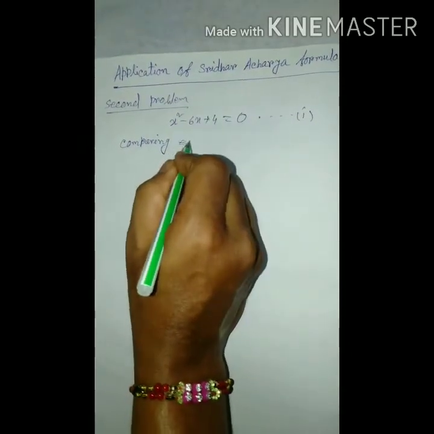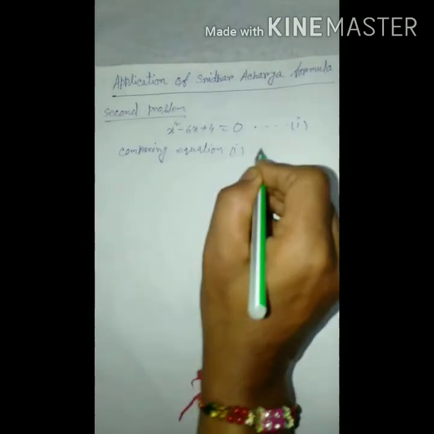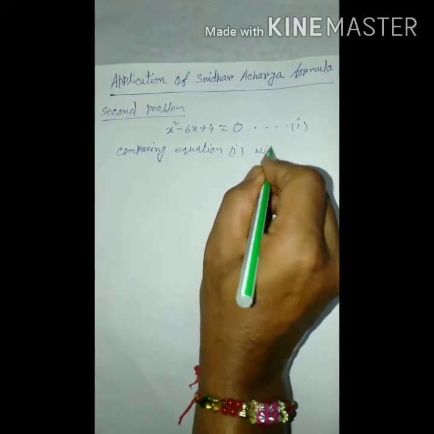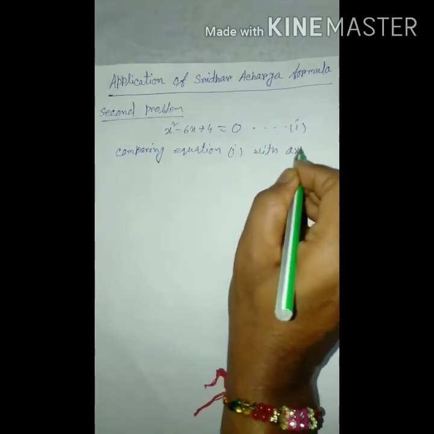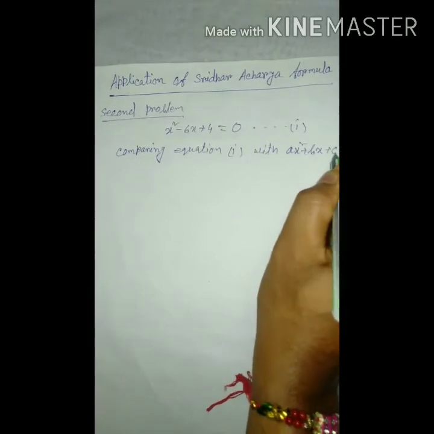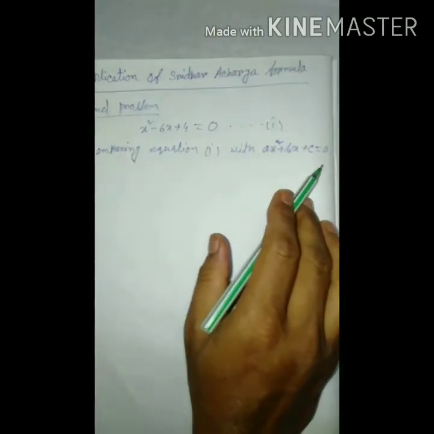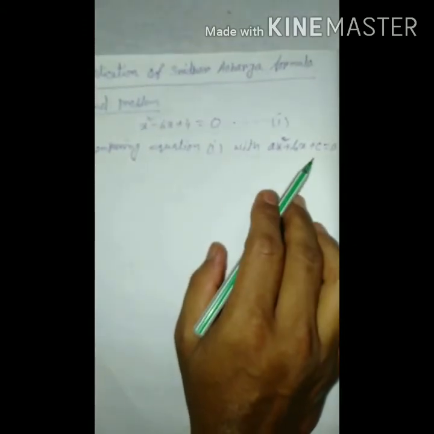Comparing equation 1 with ax square plus bx plus c is equal to 0, that is general form of quadratic equation.